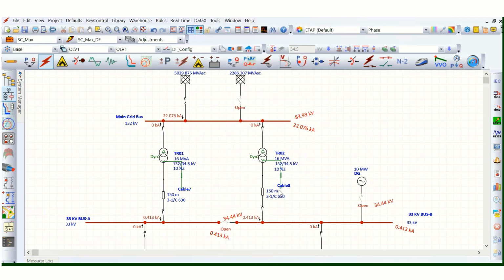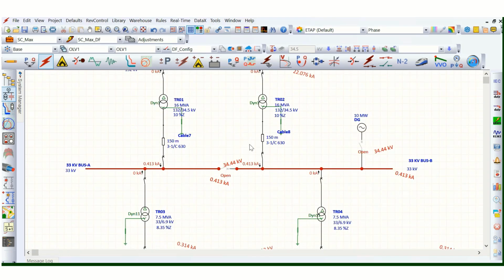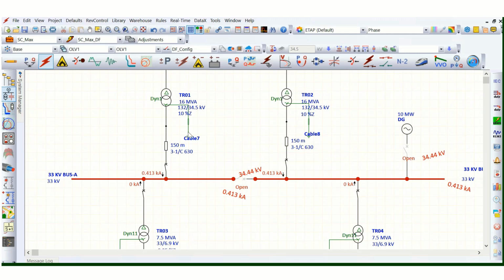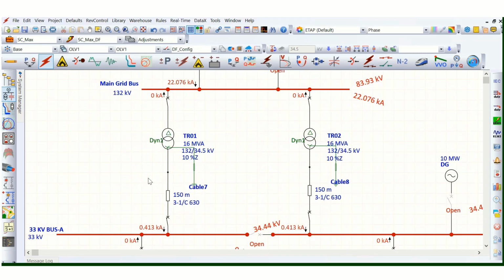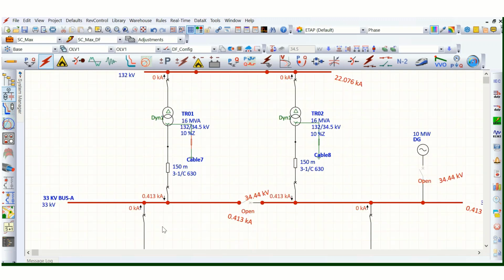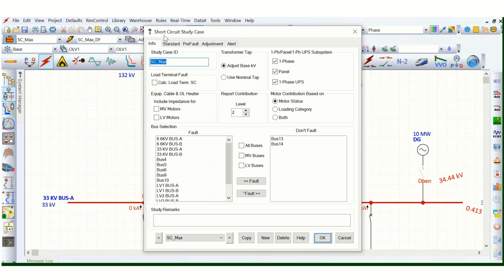What are the values? For the single line to ground fault, here you can see we have limited the NGR, this neutral ground fault current, to 400 amps. So this is coming 413 amps, whereas we have limited it to 400 amps. This is because of the C factor that we have used in the short circuit study case editor.